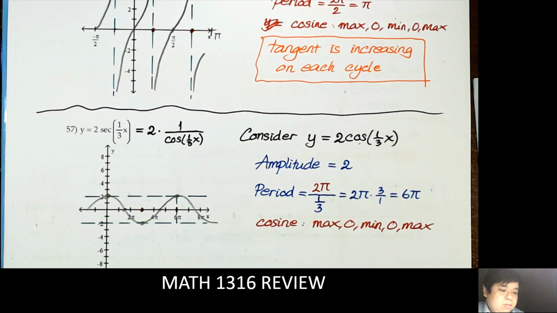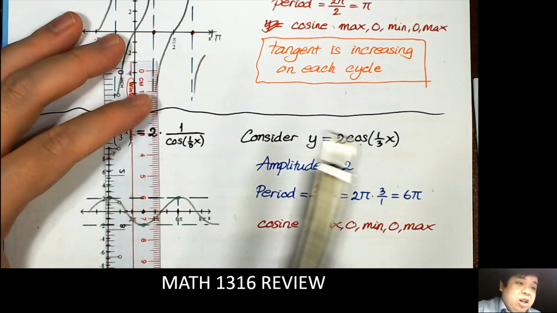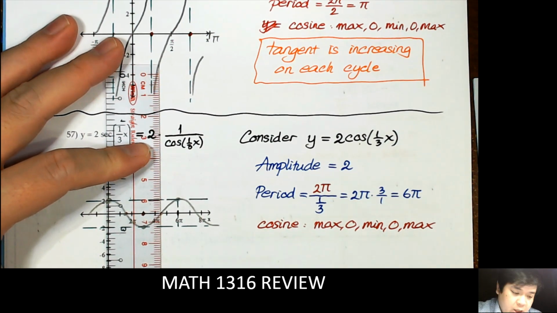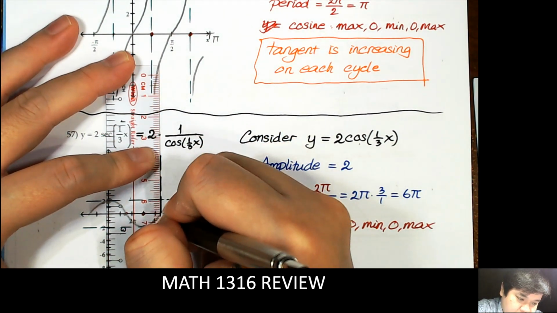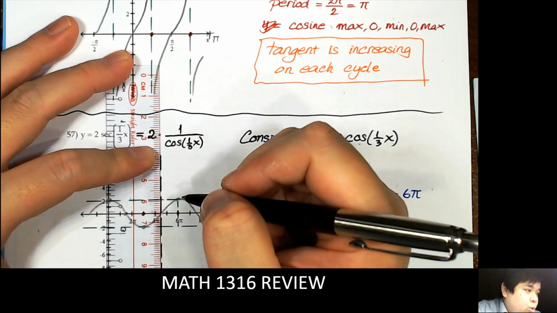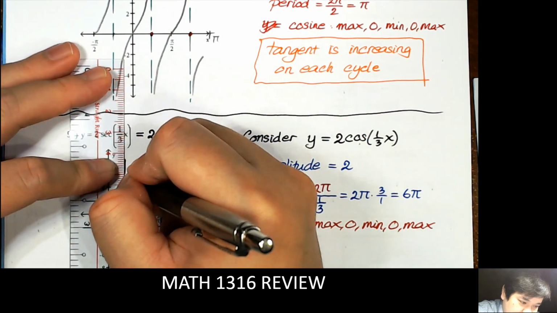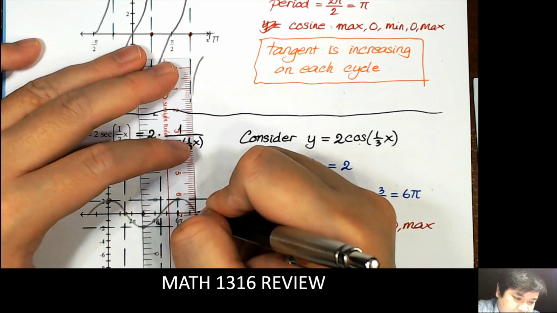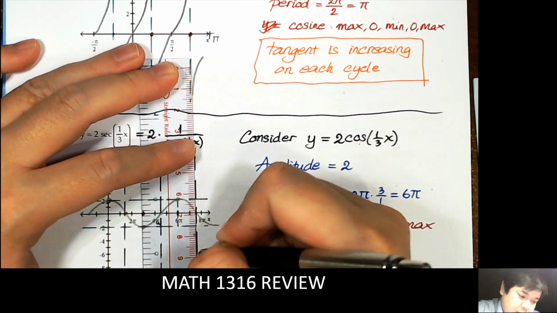the other direction. Right. Whenever the cosine equals 0, that's where the denominator equals 0, we will have the asymptotes. So the asymptotes will be right there and here. And whenever the cosine function equals 0, we have the asymptotes.